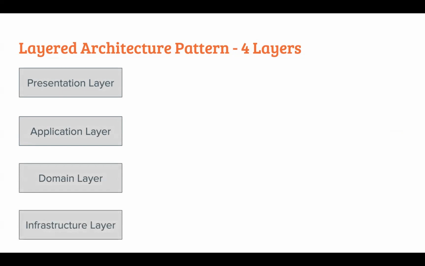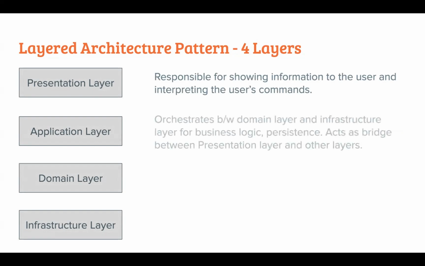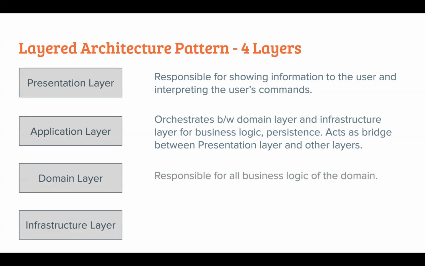Let us understand the purpose of each layer. The presentation layer is responsible for showing information to the user and interpreting user commands. The application layer orchestrates between the domain layer and the infrastructure layer for business logic and persistence. It also acts as a bridge between the presentation layer and other layers. The domain layer is responsible for all business logic of the domain.